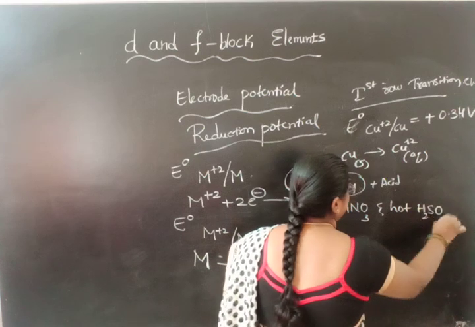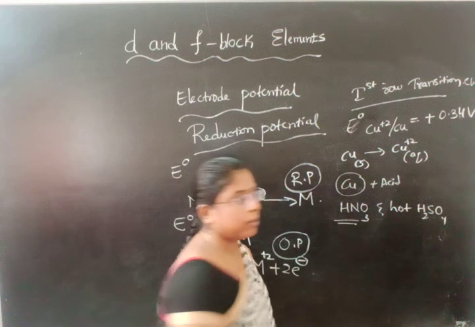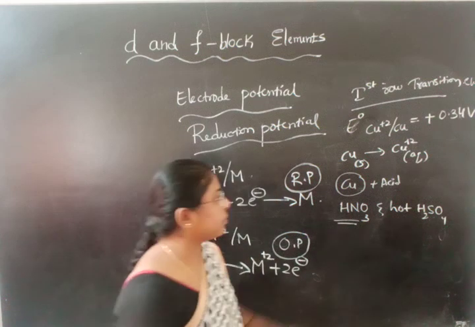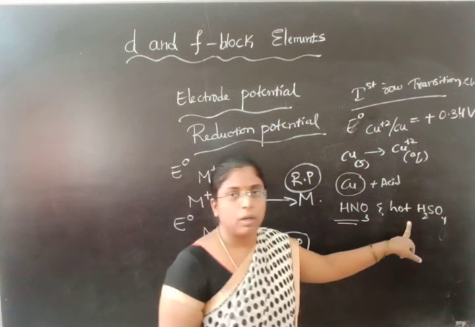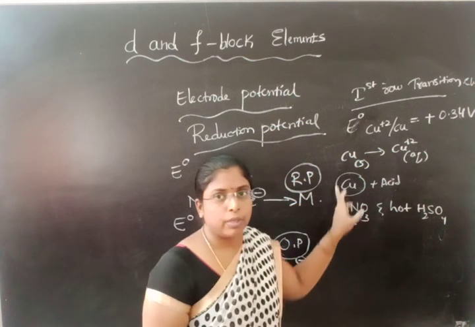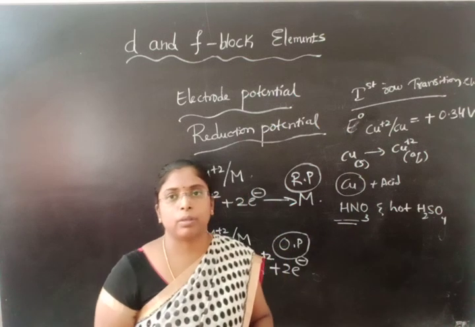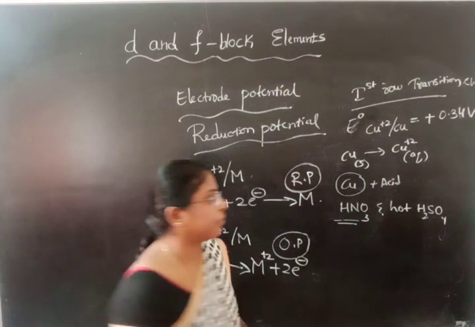Copper reacts with nitric acid to form cupric nitrate. It reacts with hot sulfuric acid to form copper sulfate. Only in such cases does copper react, whereas it does not react with other acids and does not liberate hydrogen.